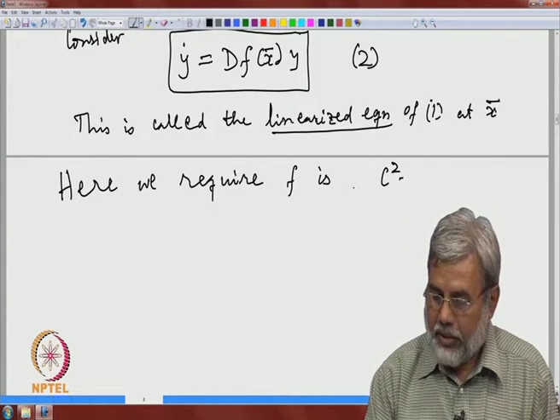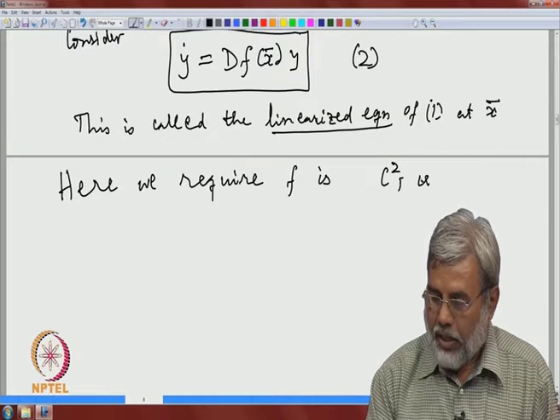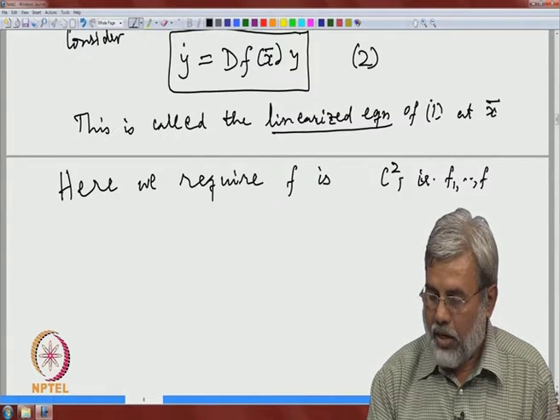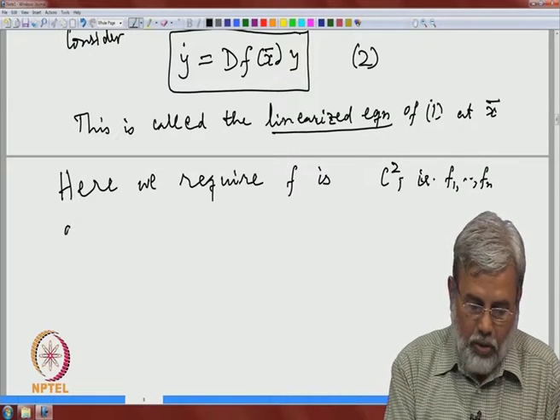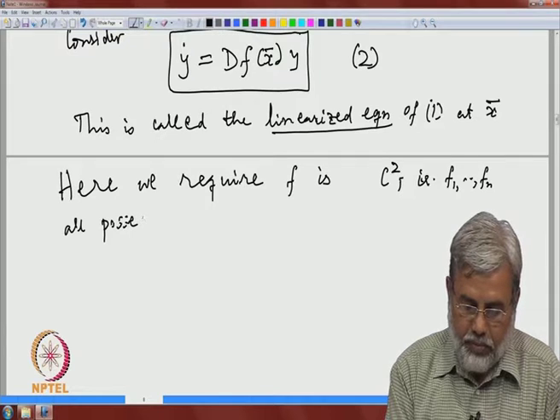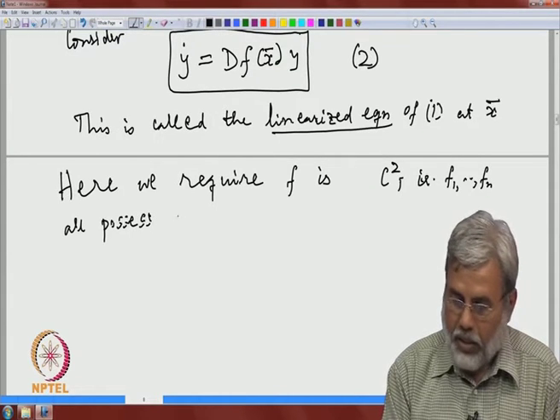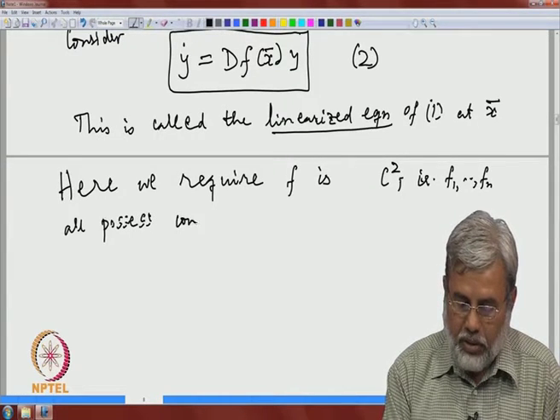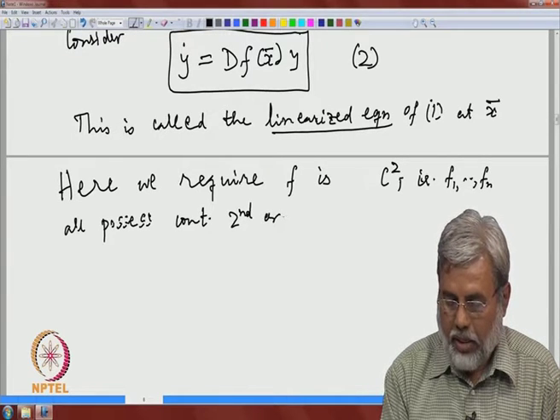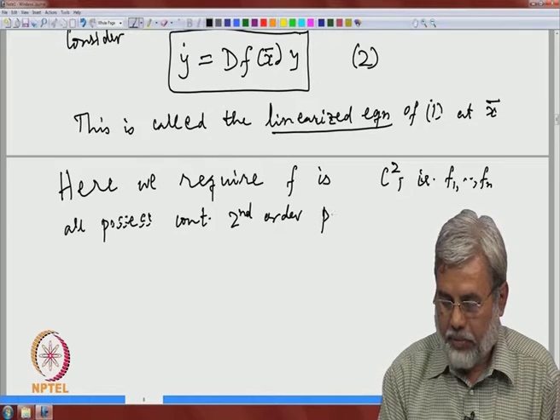That is, f1, f2, fn all possess continuous second order partial derivatives.